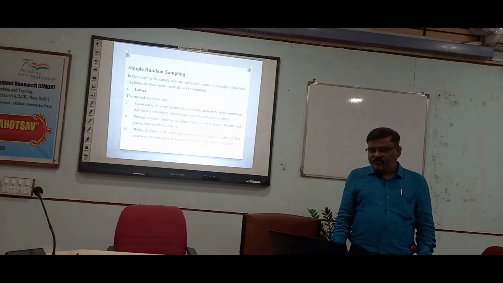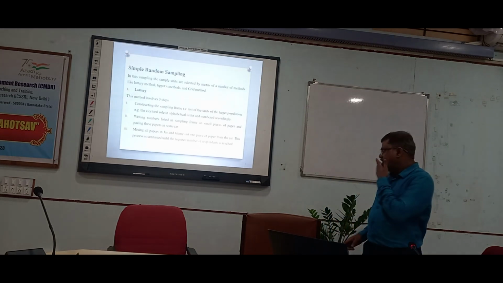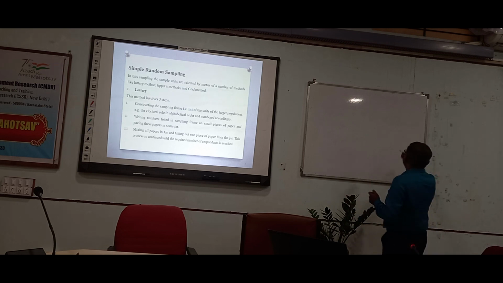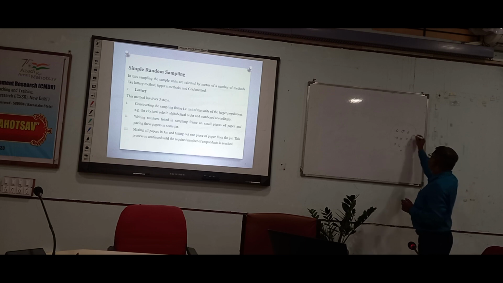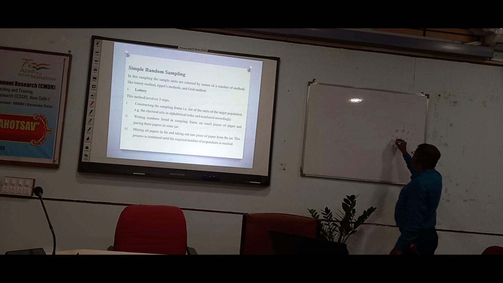For that, we may use certain kinds of methods. One is the lottery method. Suppose you take the lottery method, how do you make a sample in simple random sampling? Take the example: this is the universe, the study population.